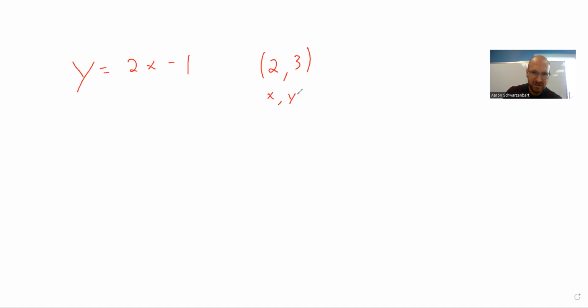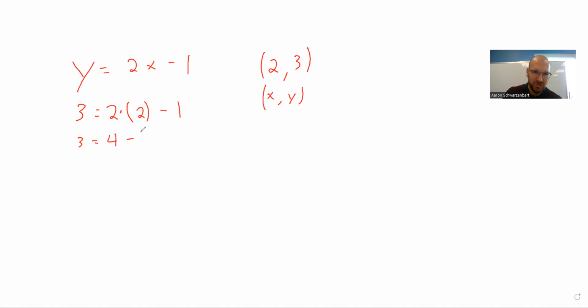All coordinates are x, y. It is alphabetical order. So in place of the y, I put a 3. In place of the x, I put a 2. Now remember that these parentheses here mean times. So I check if this is true.